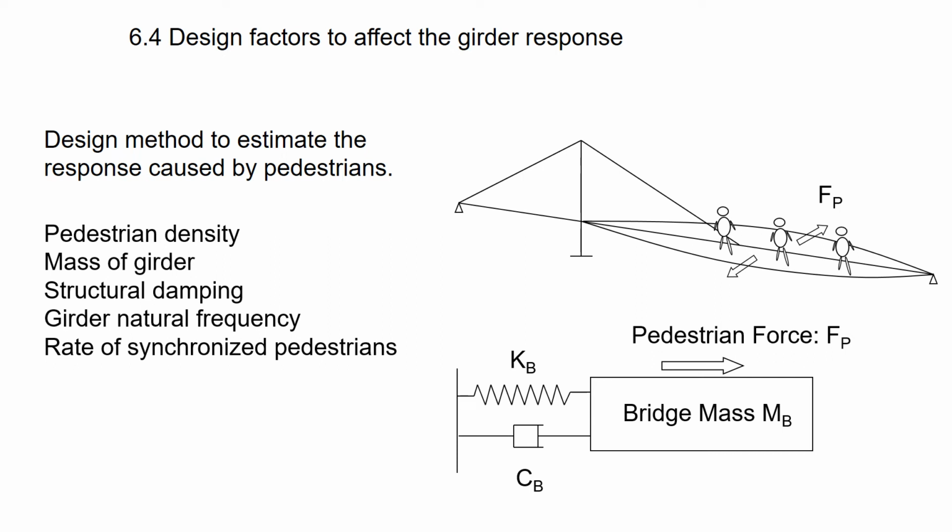The model consists of bridge modal mass mb, modal stiffness kb, and modal bridge damping ratio cb, to which the modal pedestrian force Fp is applied. This Fp is very complicated and the key of this model.